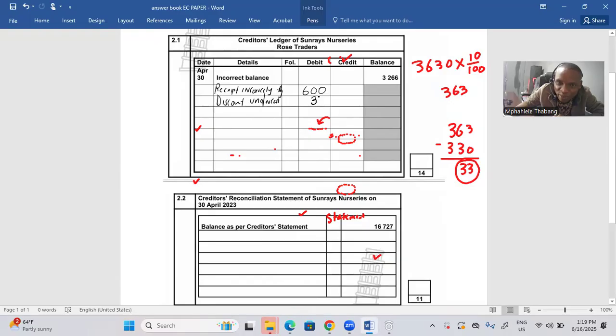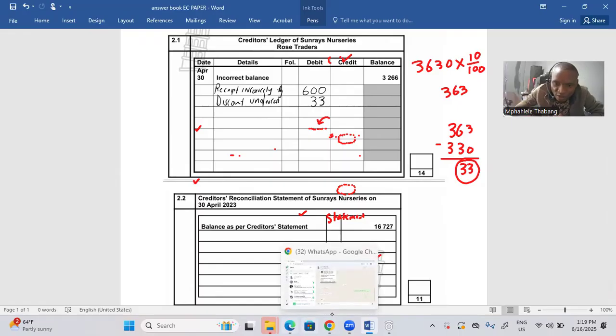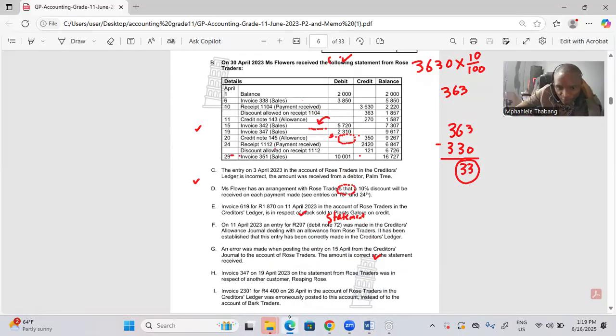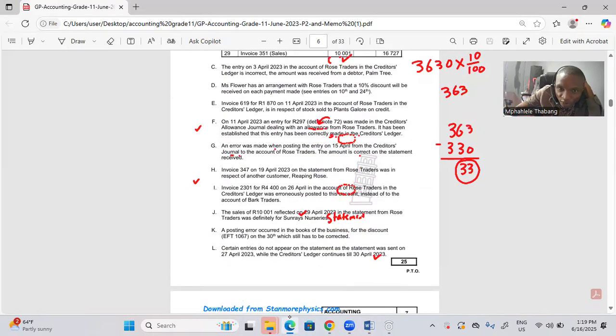A discount must decrease the amount we owe to the supplier. So I'm going to put it on the debit side. It cannot increase the liability account. The discount must decrease the liability account. A discount of 33 rand.